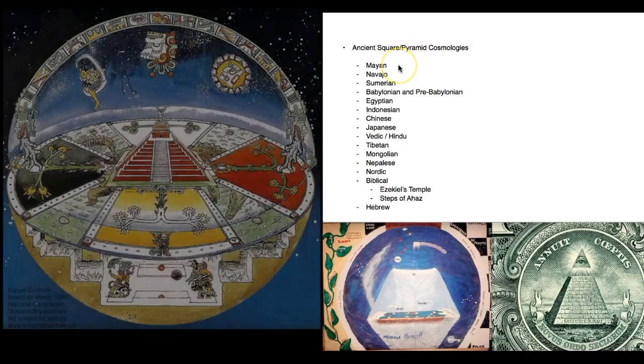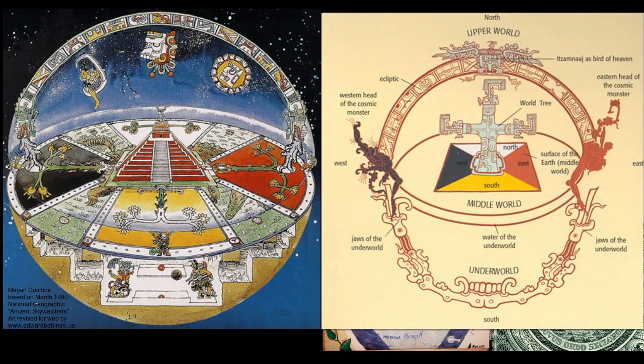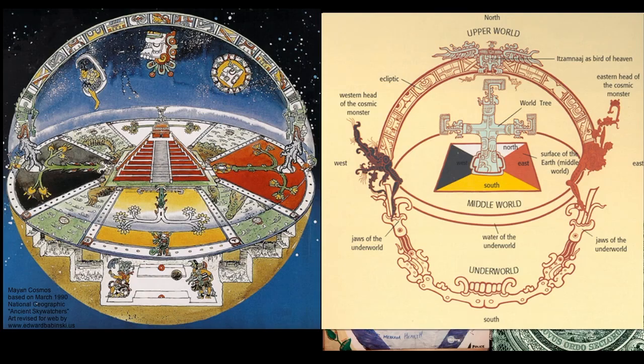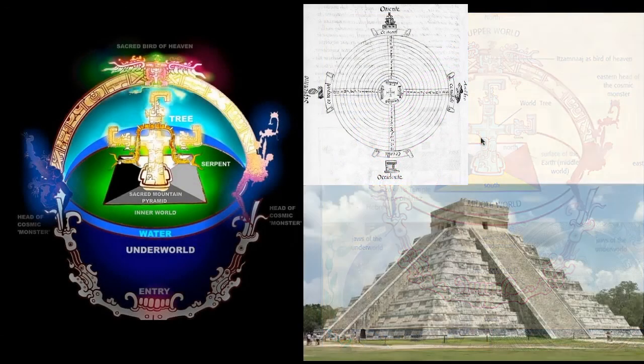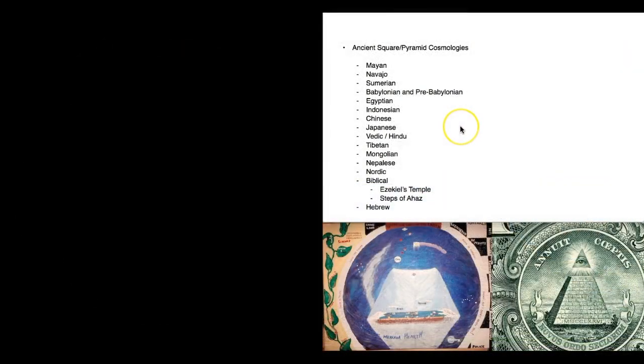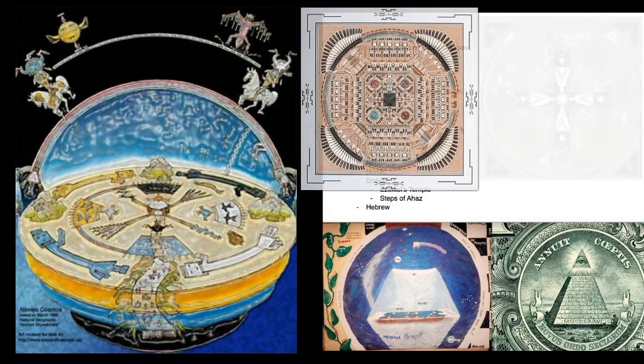So first of all we have the Mayan cosmology, which shows four quarters within spherical heavens. We have the Navajo model, which is very similar.